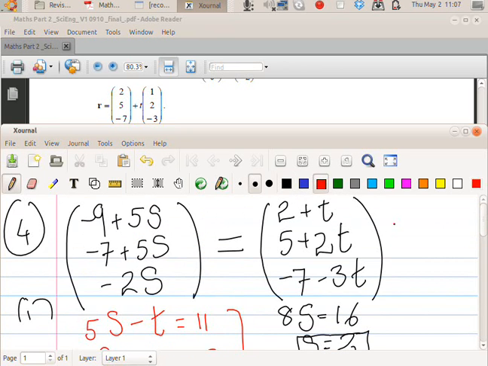So if I substitute that in, this would become 1, 3, minus 4. And then if you substitute it in here, you should get the same thing.